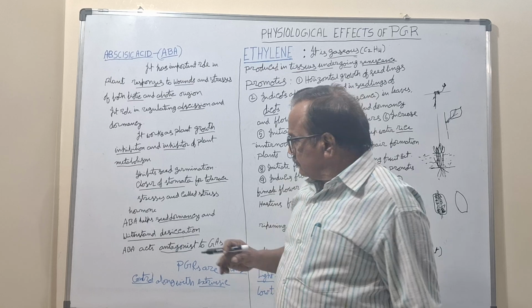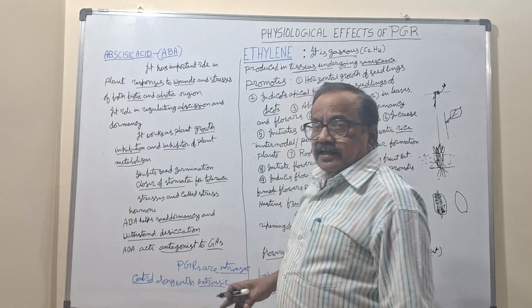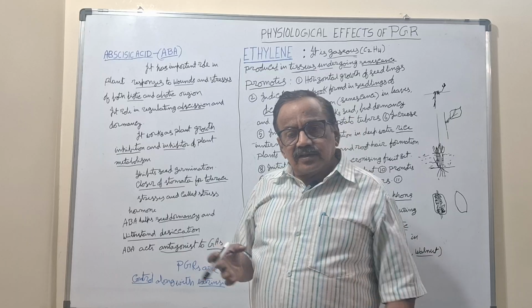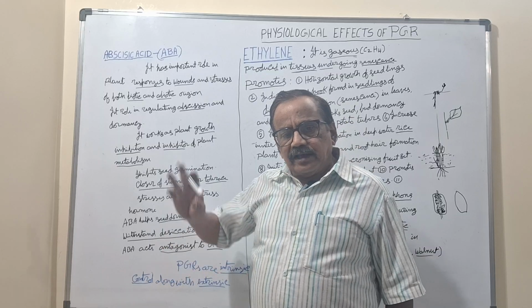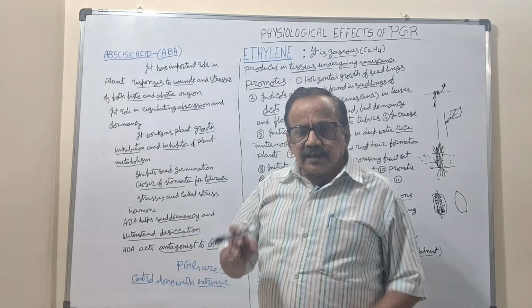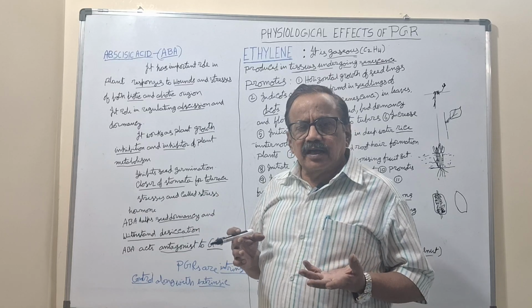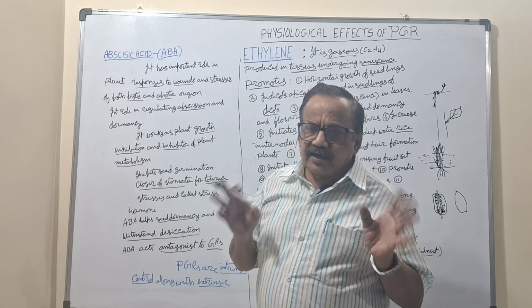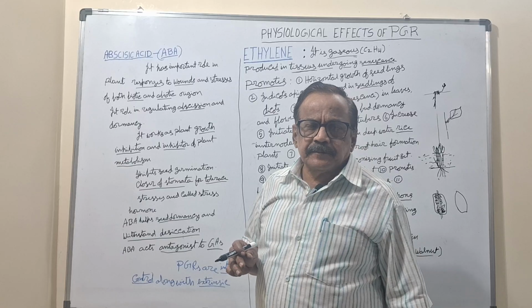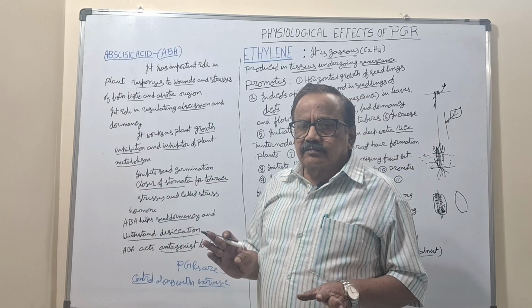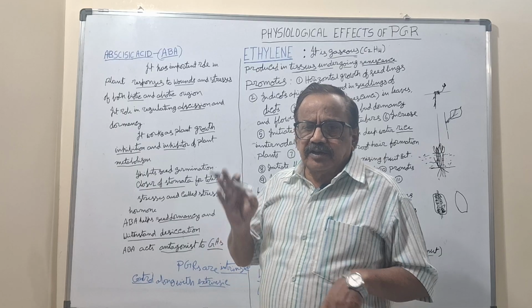Actually it is. And withstand desiccation. Desiccation means drying. How does it work? Any living cell used to have 80 to 90% water in the protoplasm. But in seed formation, the water will be removed. It will come down to only 10 to 15%.